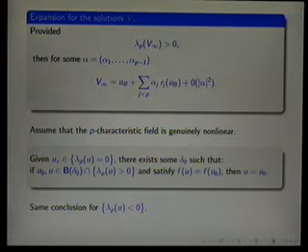And now I get to the final point: if you assume that the P characteristic field is genuinely nonlinear, you can show that if you pick a state U star which has zero value of lambda P, then in a sufficiently small neighborhood of that, f of u equal to f of u0 would imply that u equals u0.